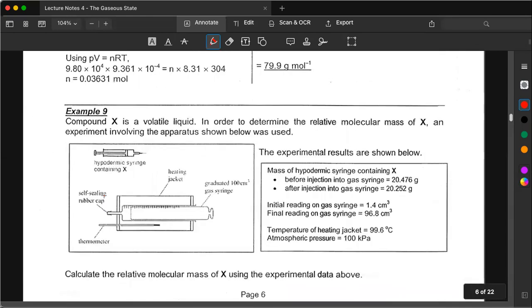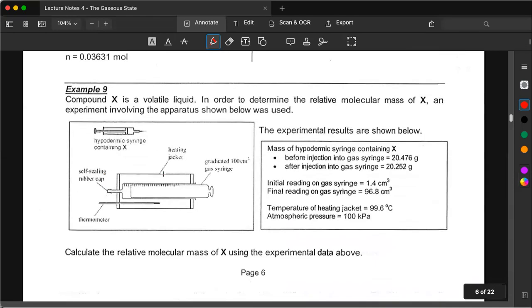Okay. Now, another example is this. You have a compound X as a volatile liquid. In order to determine the relative molecular mass of X, an experiment involving the apparatus as shown below was used. You have a graduated gas syringe here, and you have a thermometer. Then the experimental results are shown below. The mass of the hypodermic syringe containing X before injection was measured to be 20.476 gram.